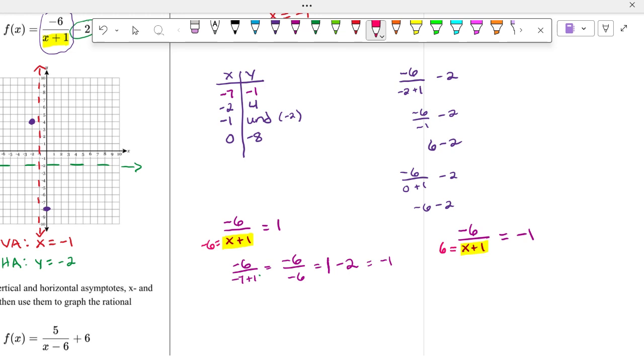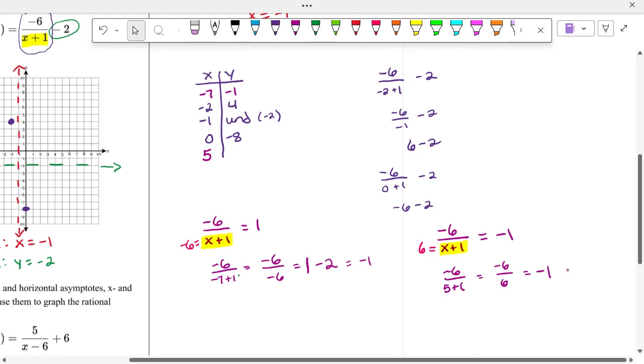So what x value, if we do x plus 1, would give us 6? 5. So our x has to equal 5. To check, we'll do negative 6 over 5 plus 1, which is just negative 6 over 6, which is negative 1.